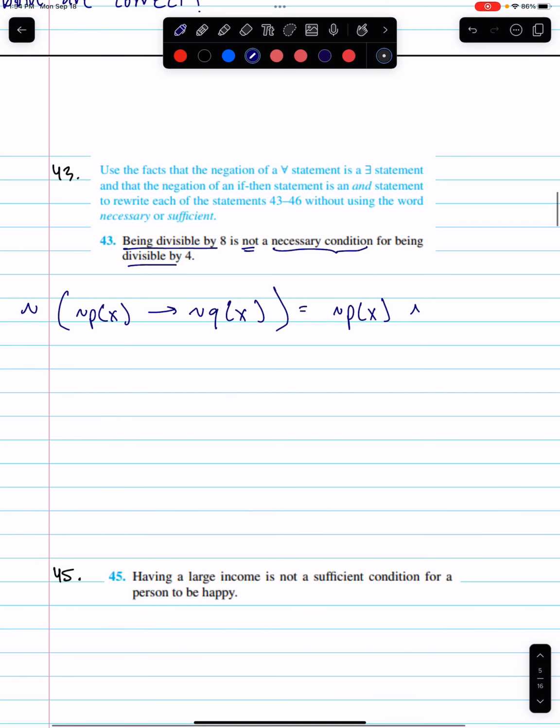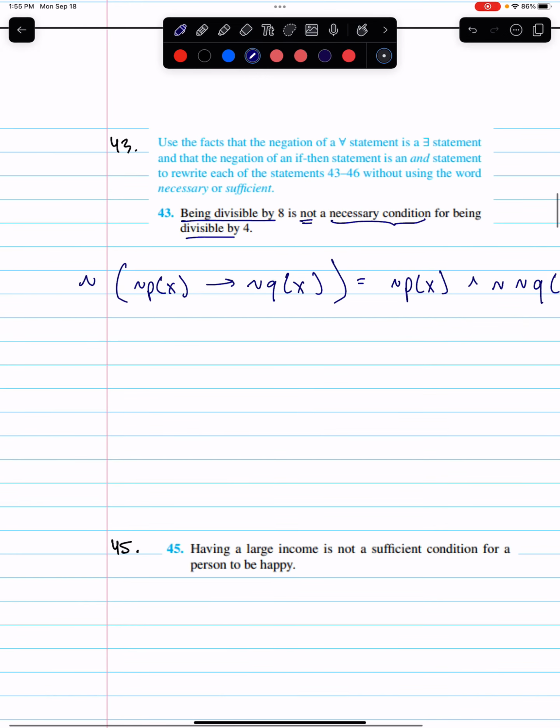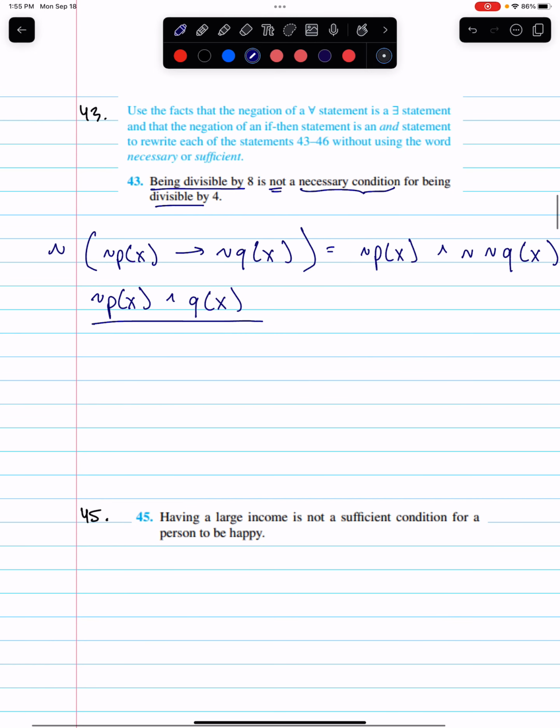And then we negate not Q of x. What's the negation of a negation? It's just Q of x. So this is what we want.